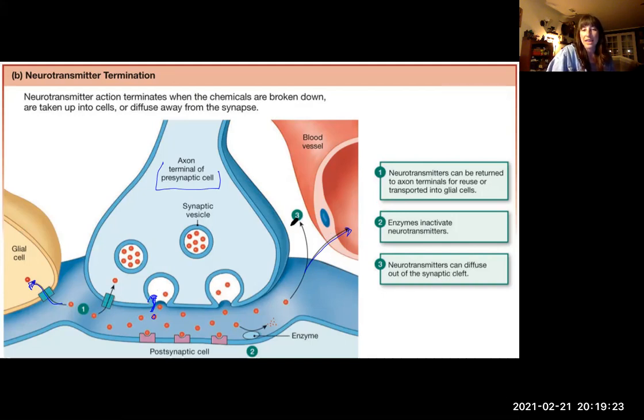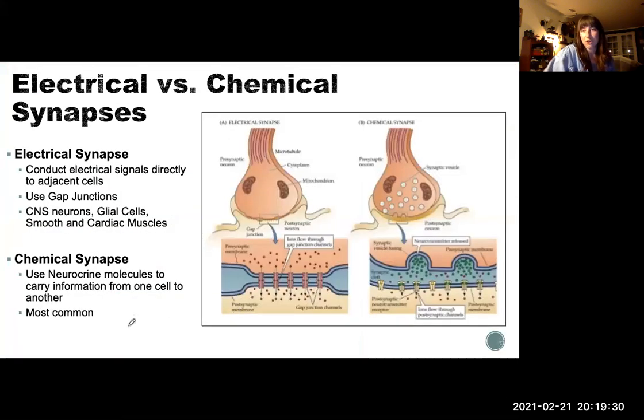Diffuses out and away, because this is just a gap here at the synaptic cleft, right? Okay, and then once all of that neurotransmitter is absorbed or resorbed, then we're ready potentially for the next signal and the next release to continue that signal, right? Or to send a new signal.